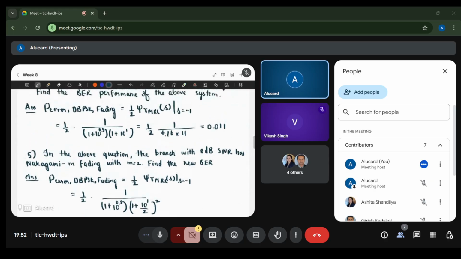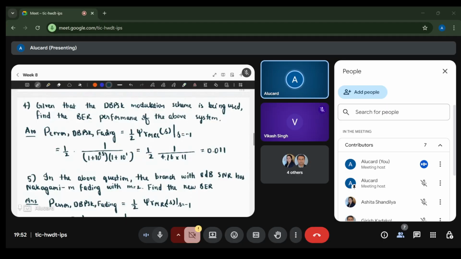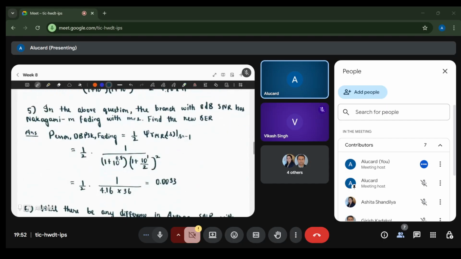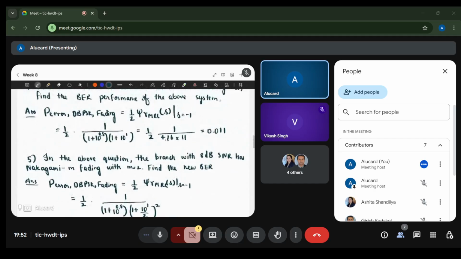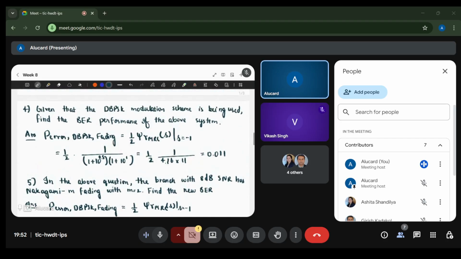Of course, this was after doing MRC, but still we saw that when we had Nakagami-m, we had a different BER when compared to Rayleigh. That will hold true even in the general case. So type of fading does affect the bit error rate.